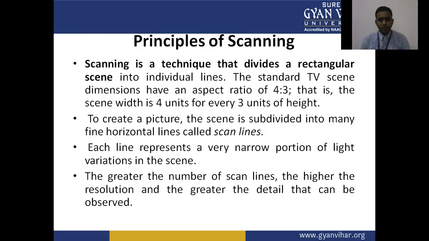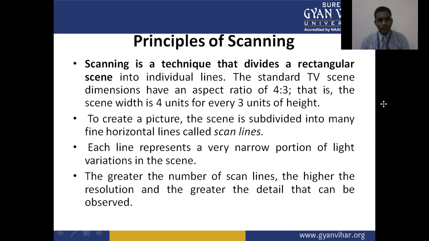To create a picture, the scene is subdivided into many fine horizontal lines called scan lines. Each line represents a very narrow portion of the light variations in the scene. The greater the number of scan lines, the higher the resolution and the greater the detail that can be observed.